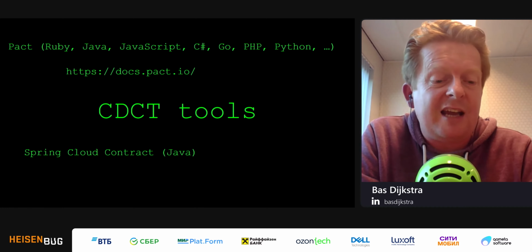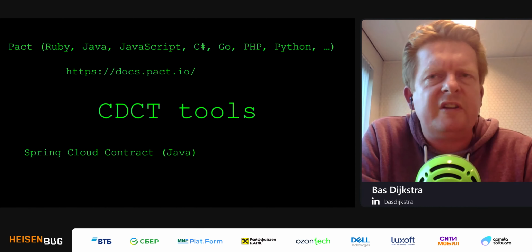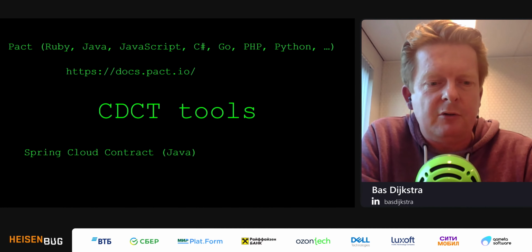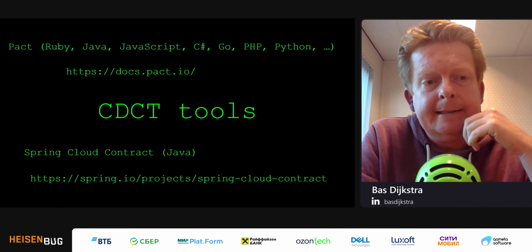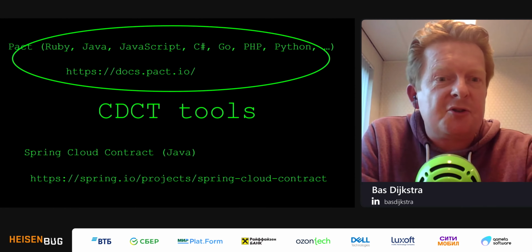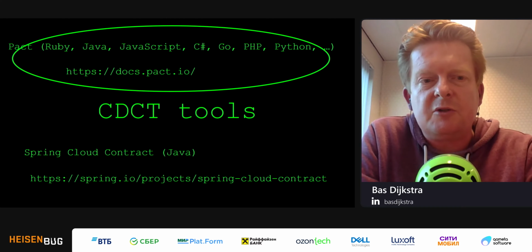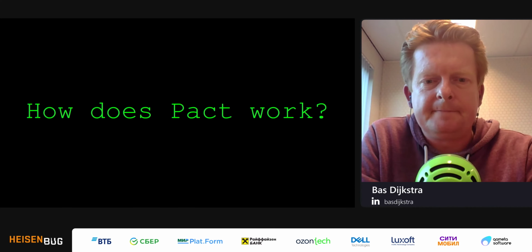It's just that its application opportunities are limited to services built using Spring. And that's also the reason why the rest of this workshop, so the practical part of this workshop, is based on Pact, on the Pact framework.